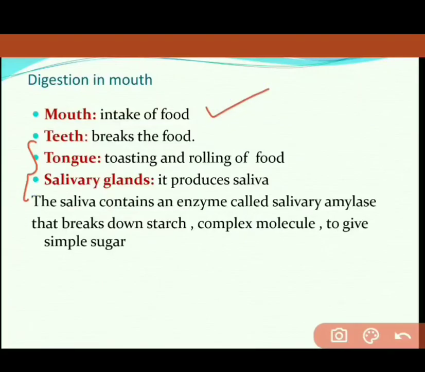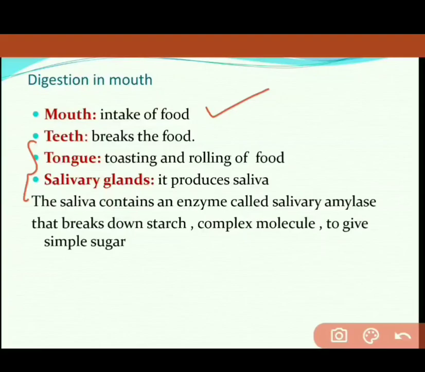So after intake of food in the mouth, the teeth crush the food into a simpler form. The food which we eat is broken down by the teeth, and then the tongue helps in the movement of the food, that is, tossing and rolling of the food is done by the tongue.